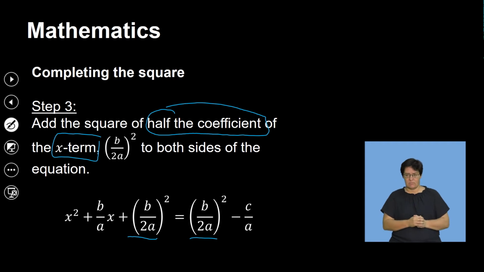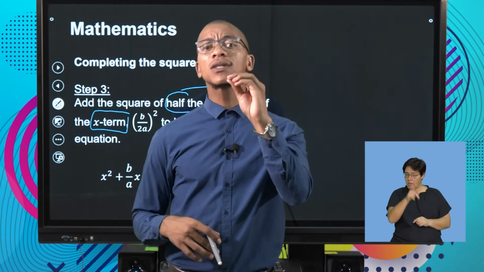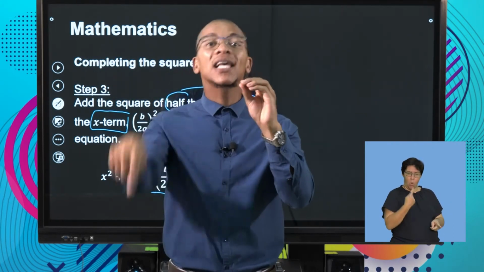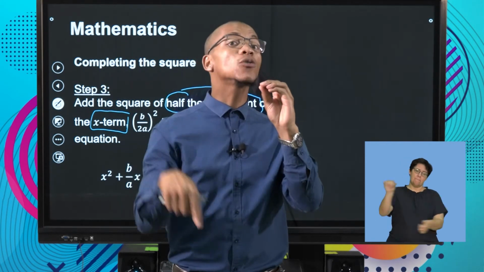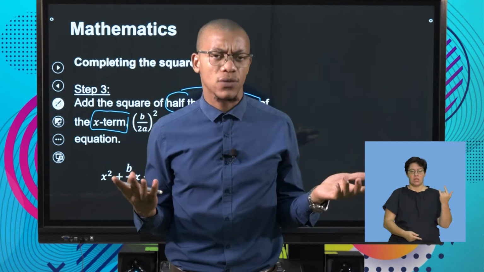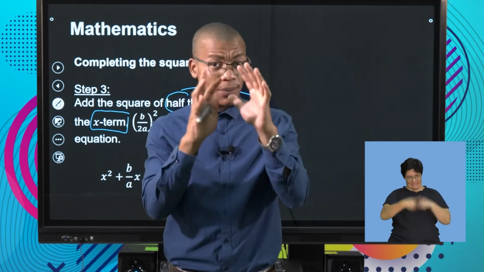Now let me explain why you are adding it, guys. You are adding it because remember in mathematics, as soon as you introduce something new, it must be such that that thing can be reversed. For it to be reversed means you are not changing the equation. Because if you just say, let me add it to the left, the equation is no longer what I gave you. Then it's a different thing altogether. It's the same as that concept of rationalizing.